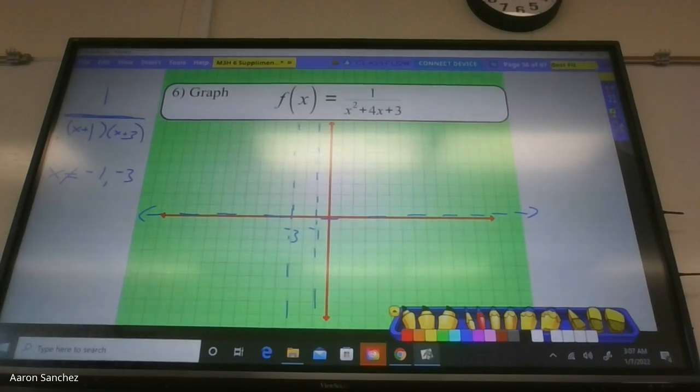You guys graph it? Remember, we can't hit that x-axis. That looks good, George. Yeah, yep, that's right. You're right.